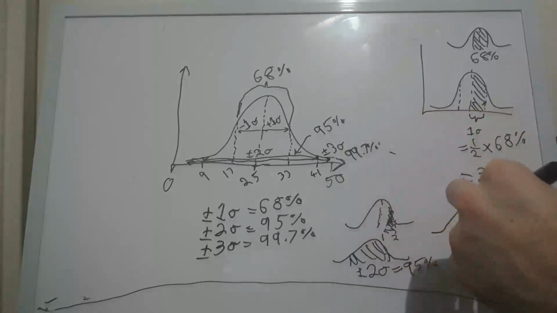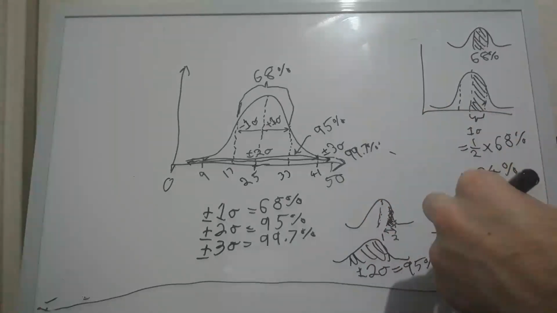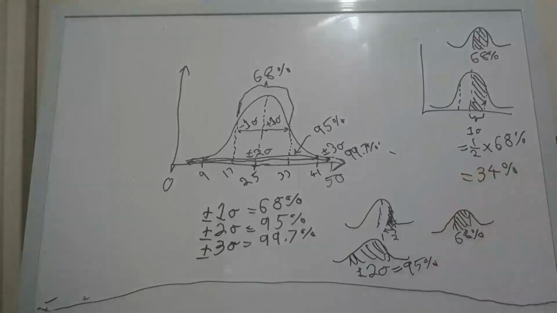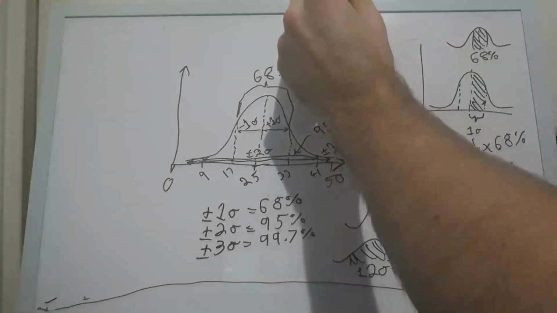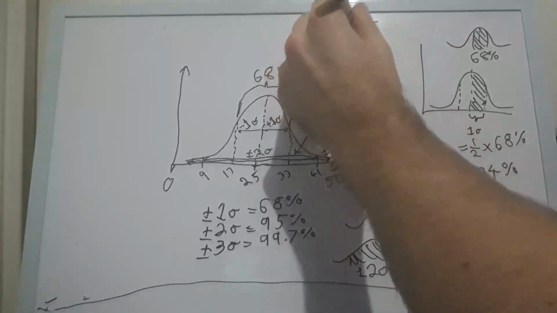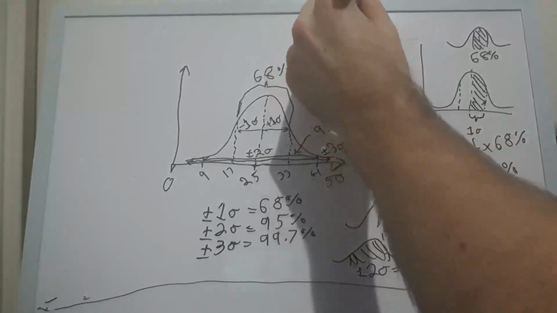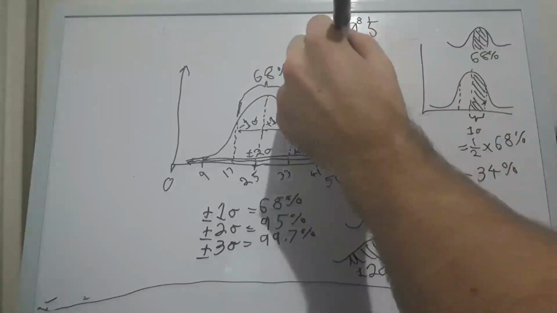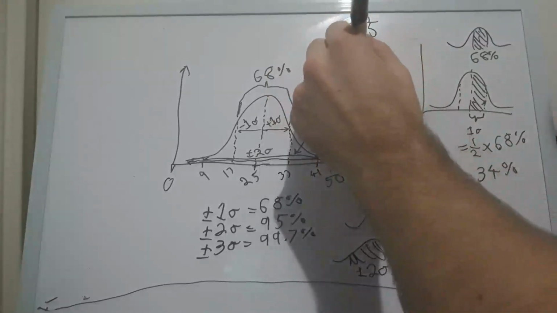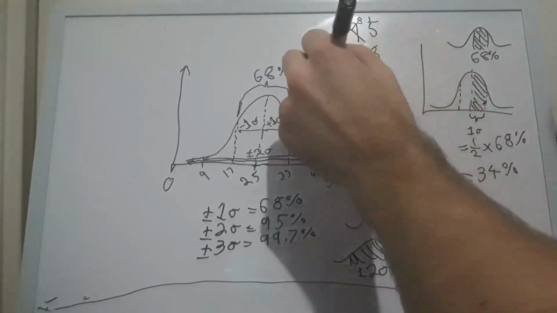So if we consider just this first area, we know that's going to be 68%. This area here, plus that area there, should add up to 95%. So if we do 95 minus 68, that'll be an 8, carry the 1, so that should be 27%.